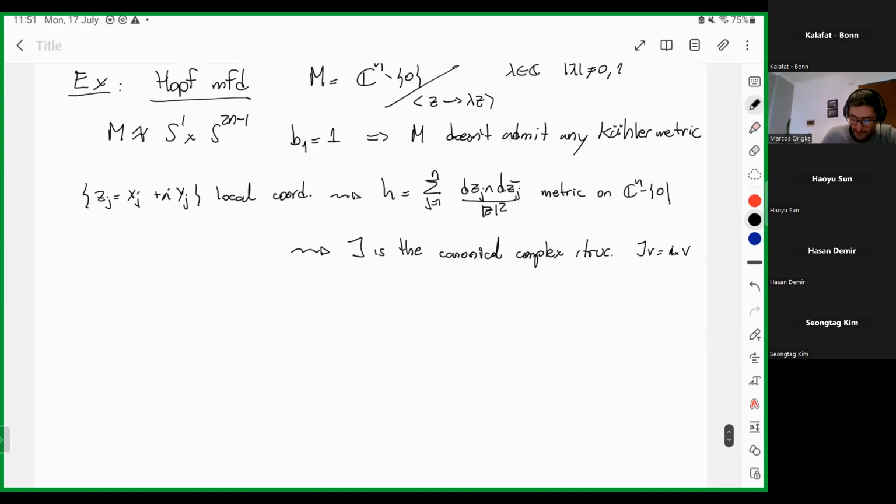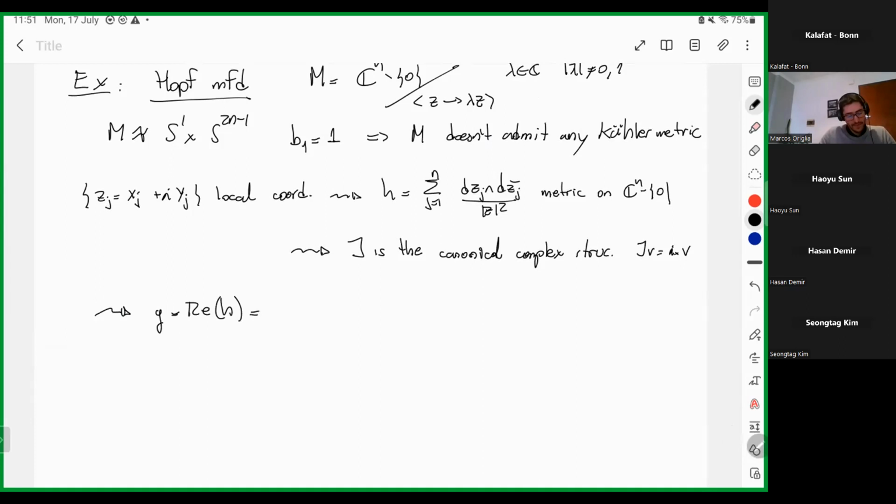But this is not the metric we want. What we take is the real part of this metric h. So g, our metric, will be just the real part of h.